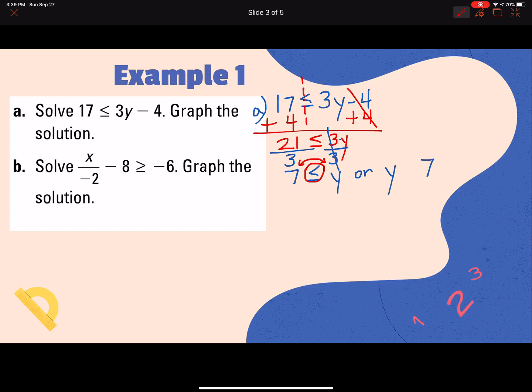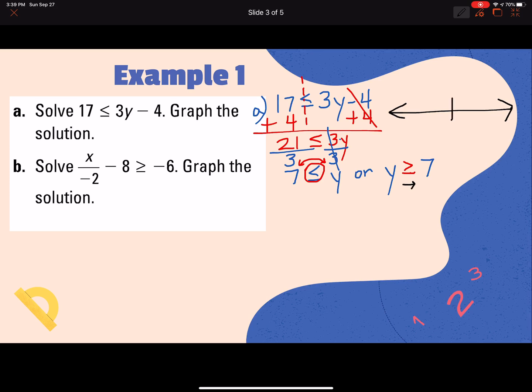So this is no longer less than or equal to, it becomes greater than or equal to. So 7 is less than or equal to y is the exact same inequality as y is greater than or equal to 7. The second one is just easier to graph because then we know our arrow needs to point to the right.